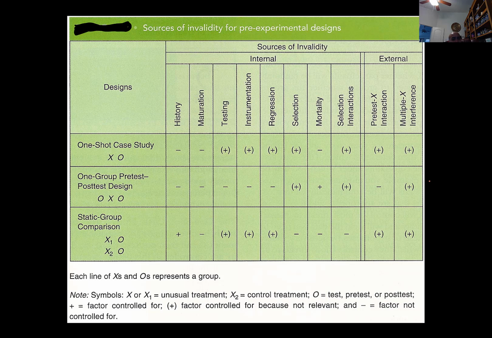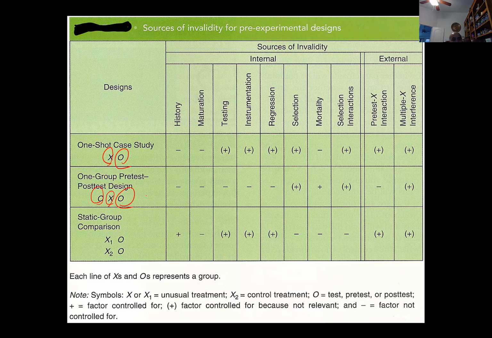So this is just an overview of the pre-experimental designs. You have the one-shot case design where you may have the treatment, and then you have an exam, right? A test. Here you have a test that establishes sort of a baseline. Then you have the treatment, and then you have a post.